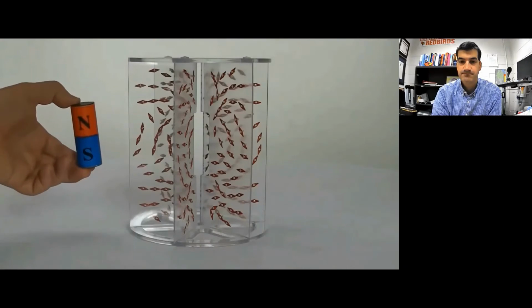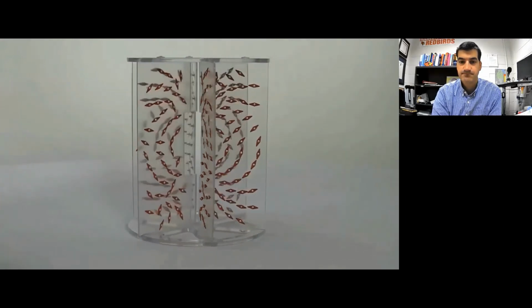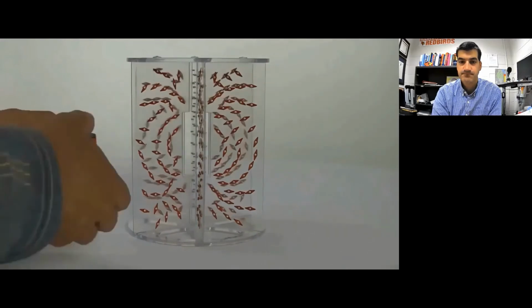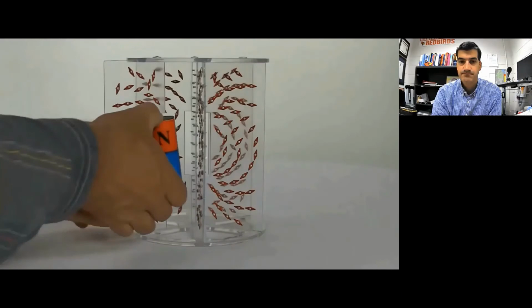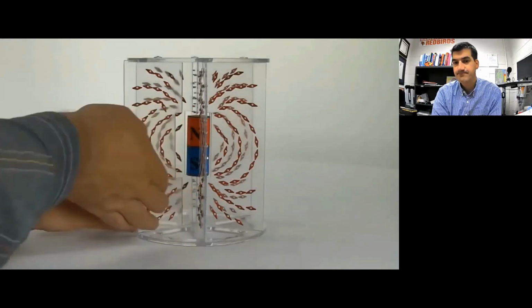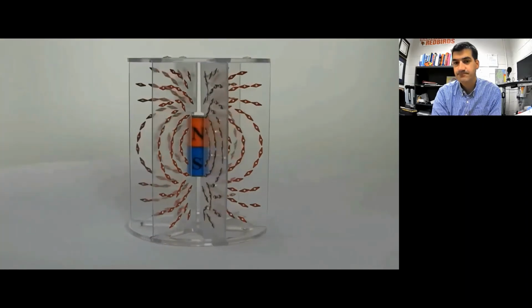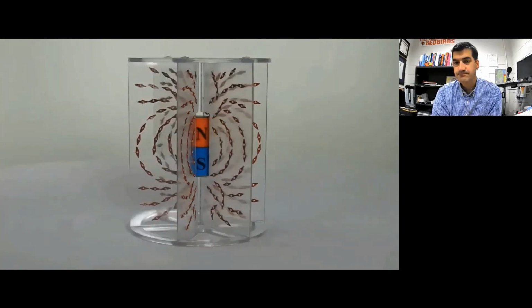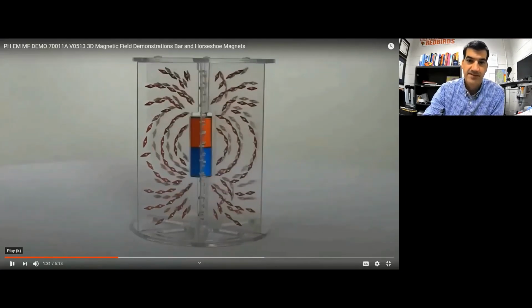So let's see what the magnetic field lines look like around the whole bar magnet. Now the field demonstrator has a removable panel. You insert the magnet, slide the panel back in again. There we have it. The invisible is revealed. The invisible is revealed.